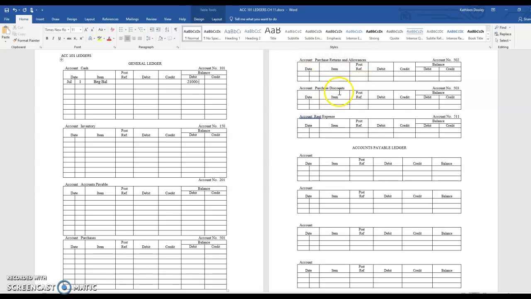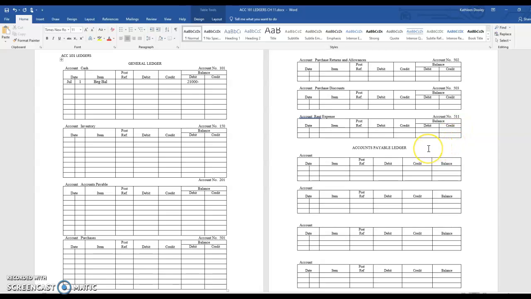Purchase returns and allowances and purchase discounts are attached to purchases and have the opposite balance. Those are contra expense accounts. And we have rent expense in here. Our capital and owner withdrawal accounts are not in here. Accounts receivable, sales. We're missing a bunch of accounts. So basically only the accounts you need are here, and then there's a couple extra.